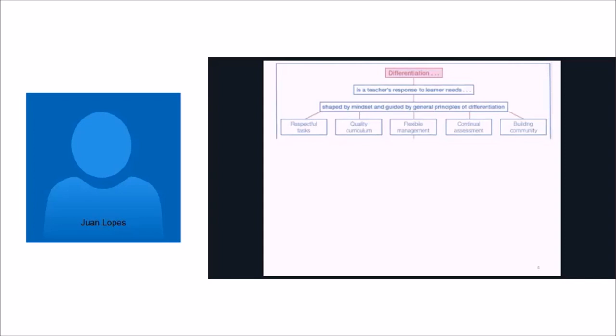There's continual assessment, so we need to keep assessing students in the sense of seeing how things are going and understanding if everything's going okay, if they're coping with what we've been offering in our lessons, and building community. There has to be some sort of relationship of trust between teachers and students and between students themselves, so that we can actually help each other with what we have as talents and best abilities.